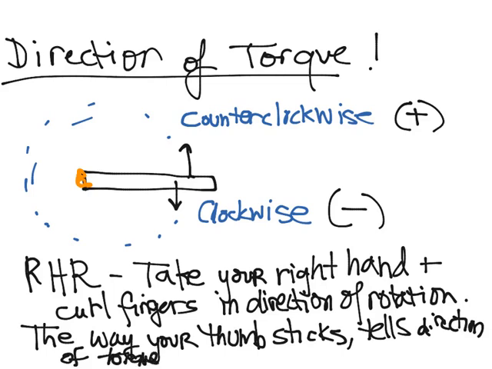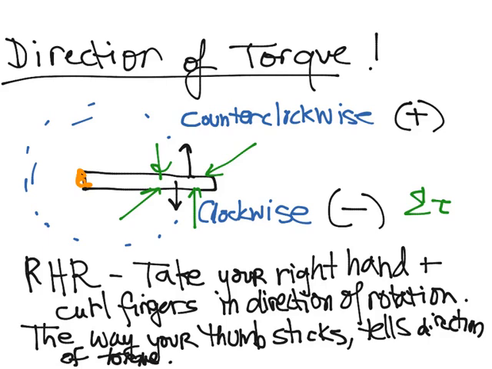Okay, and this is basically a way to keep track of if you had 7 different forces, and some of them made your door rotate clockwise and some made it rotate counterclockwise. When you were finding the net torque, you would want some to be positive and some to be negative so that you could find out the total effect.